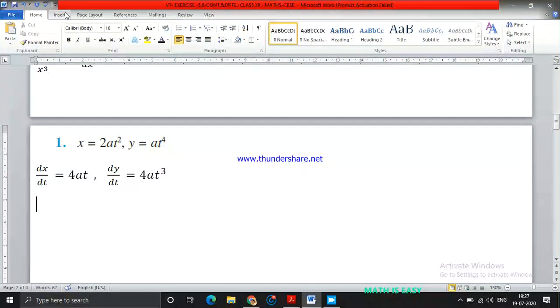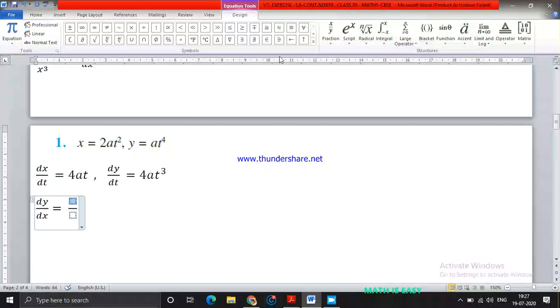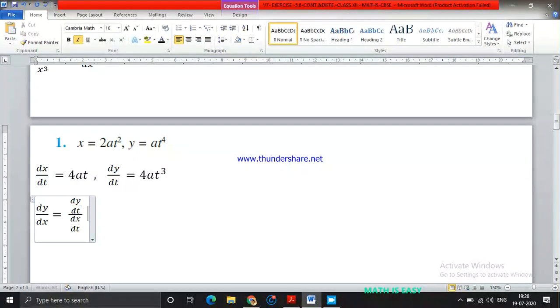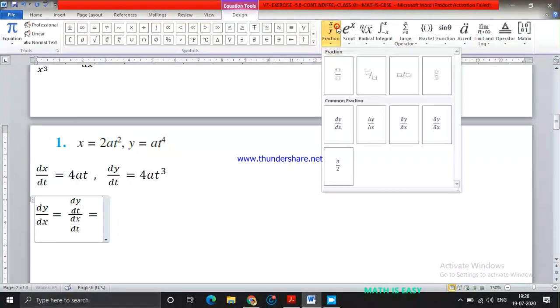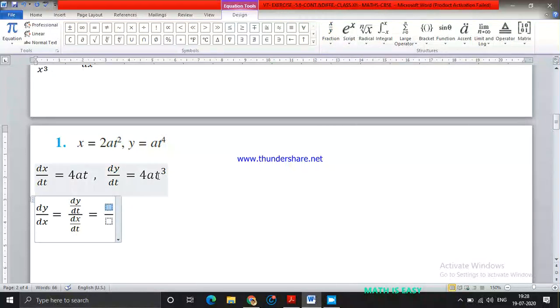Now as we want dy by dx, according to the formula it will be dy upon dt upon dx upon dt, which equals 4a t cube over 4at.